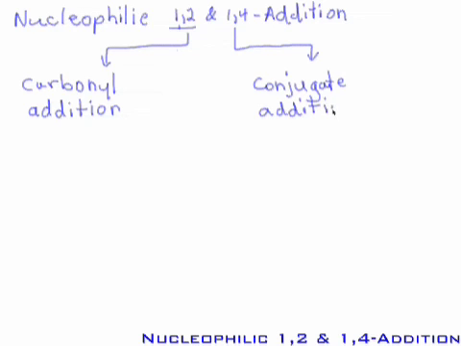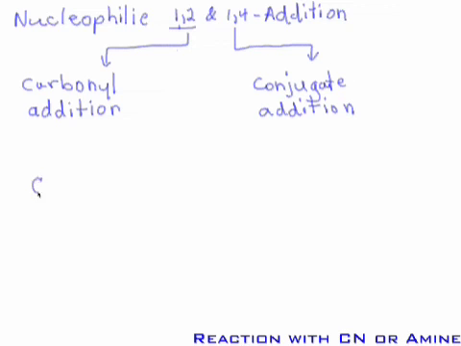Let's look at an example of this reaction and consider what actually is taking place. If I take the same alpha-beta-unsaturated ketone that I used last time and I react it with a powerful nucleophile this time, for example, let's use CN minus.